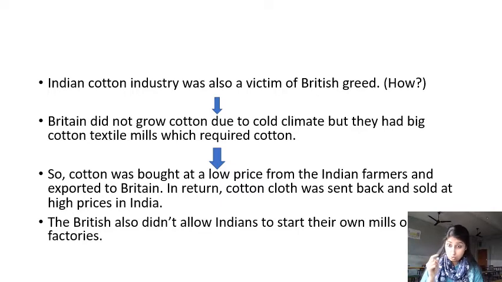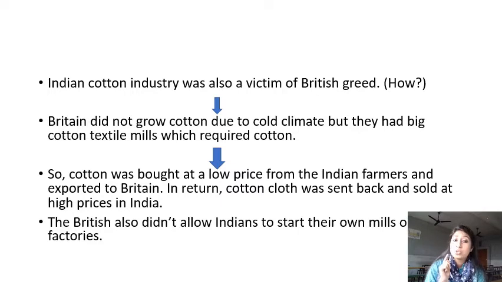So what they did, they produced the cotton in India, bought it at a very low price from the Indian farmers and exported it to Britain. When the cotton was turned into clothes, that cloth was sent back and sold at high prices in India. So they collected the raw materials from India at a very low price, and the clothes were sent back and sold at high prices in India.